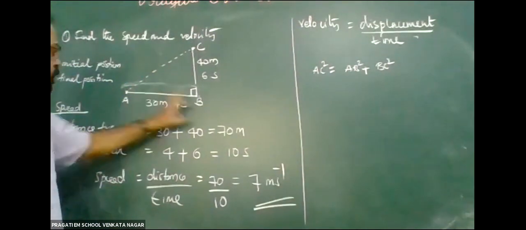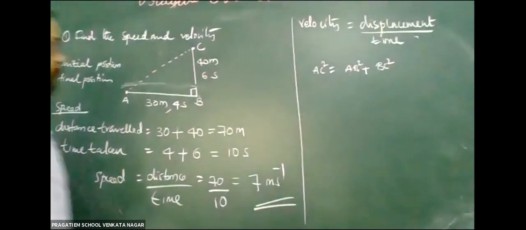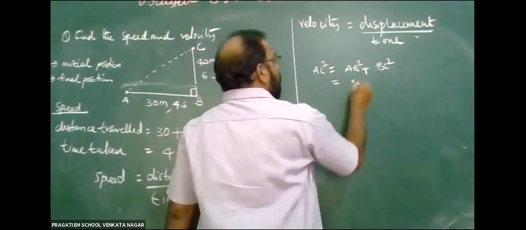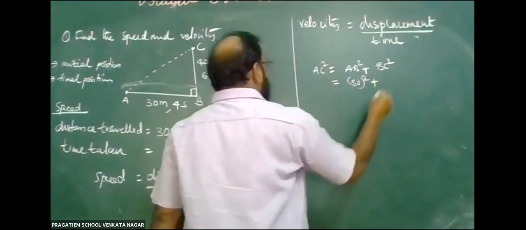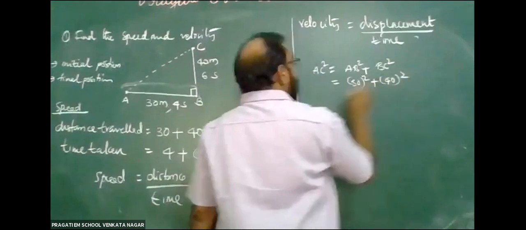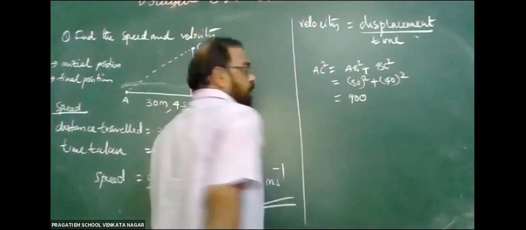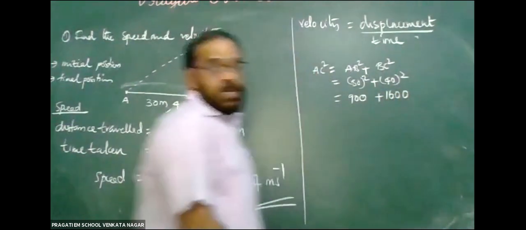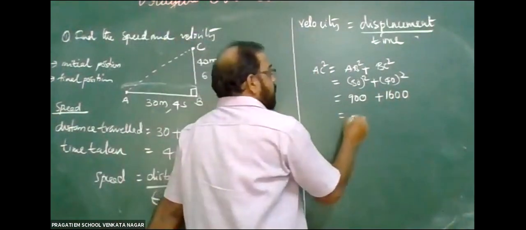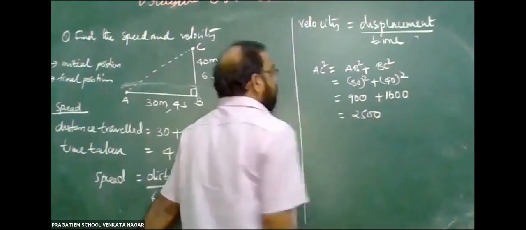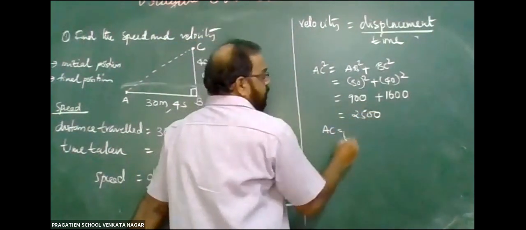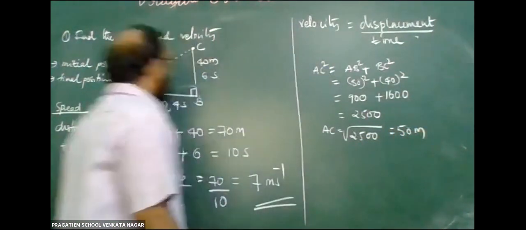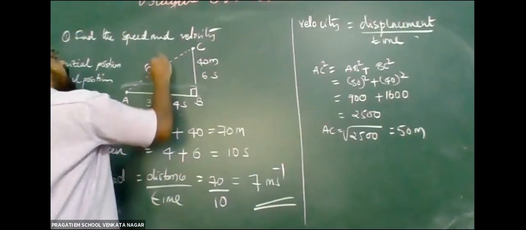AB is 30, so 30 square, plus BC 40 square. 30 square means 30 into 30, 900. 40 square, 4 into 4, 16, 1600. That is 2500. Therefore, AC is equal to the square root of 2500, 50 meters. So this is 50 meters.